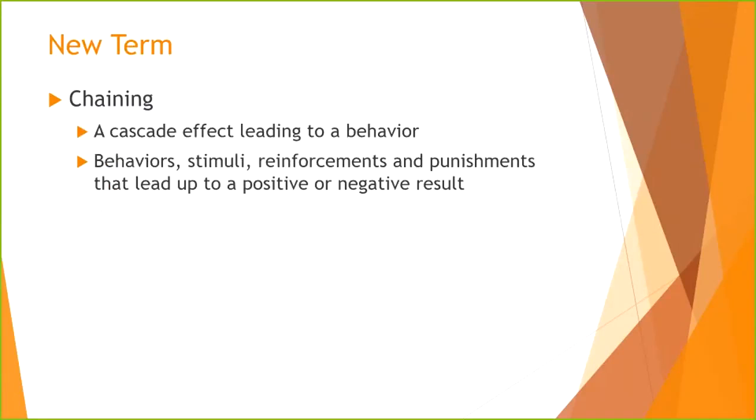Now, chaining is something that they talk about some in dialectical behavior therapy. A chain is basically a series of behaviors or a cascade of effect leading to an ultimate behavior. What we're looking at is behaviors, stimuli, reinforcements, and punishments that lead up to a positive or negative result. So what do I mean? You wake up in the morning and the alarm goes off.